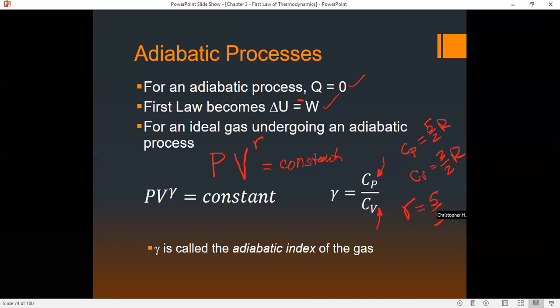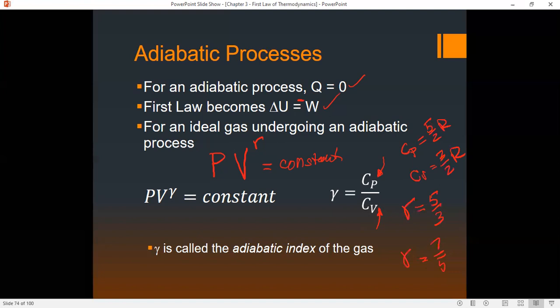For a diatomic gas, it was 7/2 over 5/2, so it would be 7/5. And as the gases become more and more complicated, generally gamma begins to approach 1. But again, this is known as the adiabatic index of the gas.